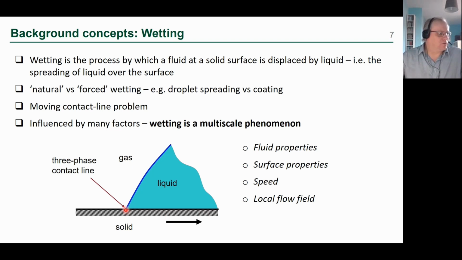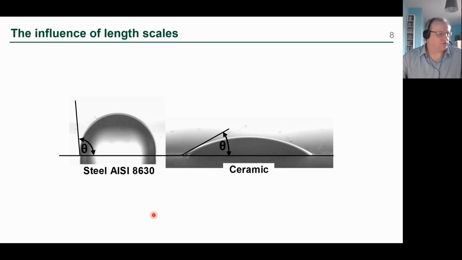And there's a well-known problem called the moving contact line problem, which I'll talk about, which is related to this three-phase contact line here, and the fact that it's on a moving surface, i.e. this interface is moving relative to the solid surface. And wetting is influenced by many factors. It's a multi-scale problem.